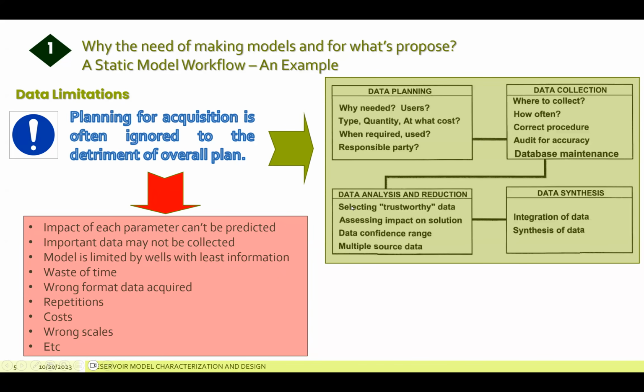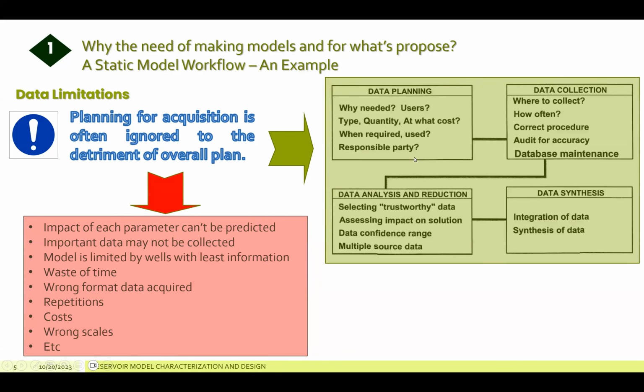And then I put in green here what you have to do. You have to start with data planning, always. And you can ask questions like: why do I need that, what will be the number of users for that data, type and quantity, what will be the costs, when do we require this data, who is the responsible party.